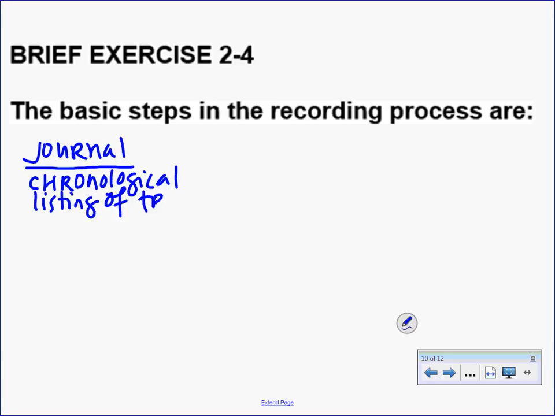A journal, which is the chronological listing of transactions. That's what we just got done doing. There's 5 steps. Try to list them. See if you can do it.